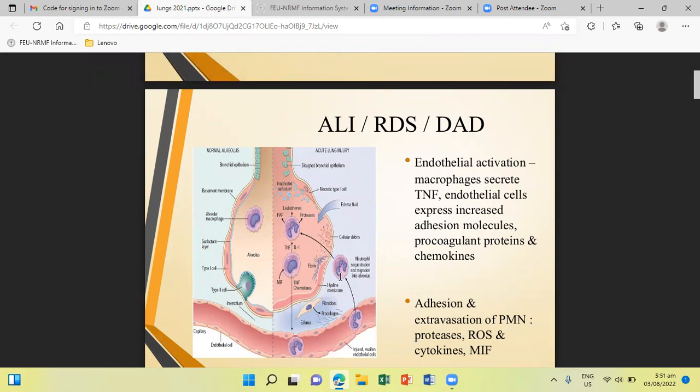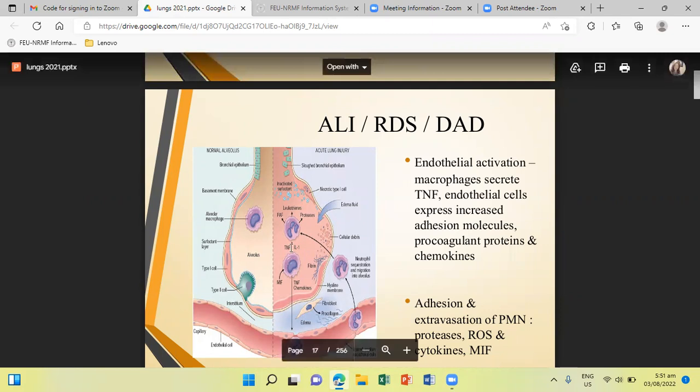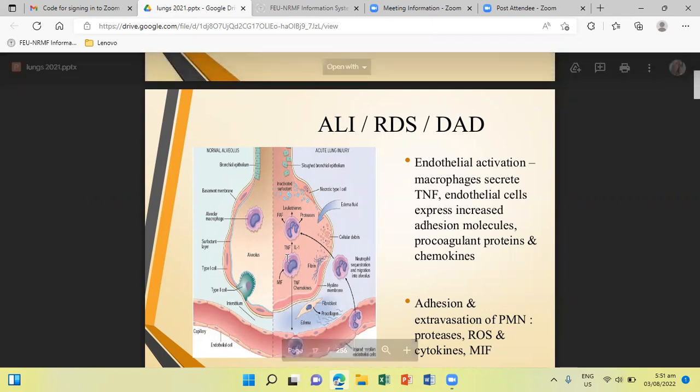So the endothelial activation is an important event. Endothelial activation is secondary to pneumocyte injury. It is sensed by resident alveolar macrophages. In response, these secrete mediators, for example, tumor necrosis factor, that act on neighboring endothelium.